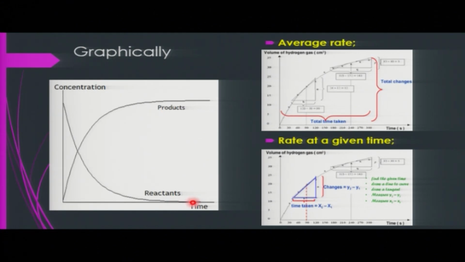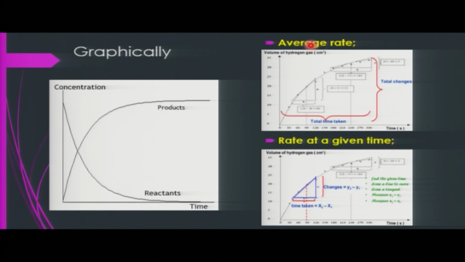So you can follow either the decrease in the amounts of reactants or the increase in the amounts of products. As you follow them, you can determine the average rate for that reaction or the instantaneous rate. Instantaneous rate is the rate of a reaction at a given time.